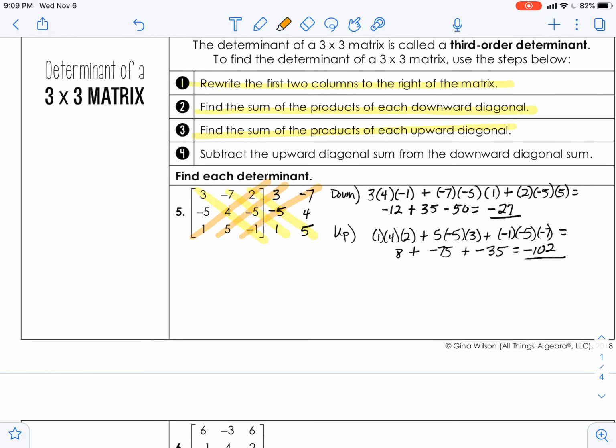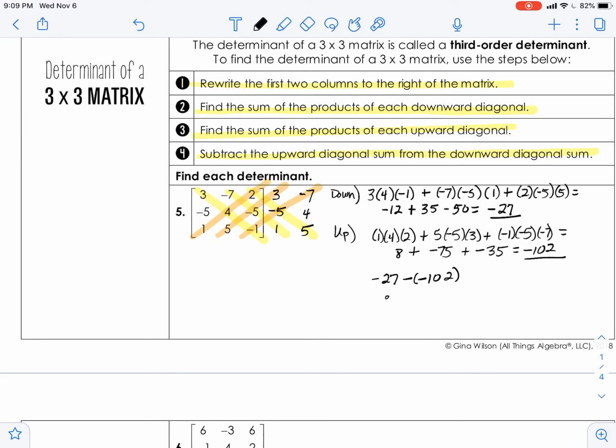Now then, the next step says to now subtract the upward sum from the downward sum. So basically I'm just going to subtract those two. So I'm going to take a -27 minus a -102. And again, very similar to that AD minus BC.